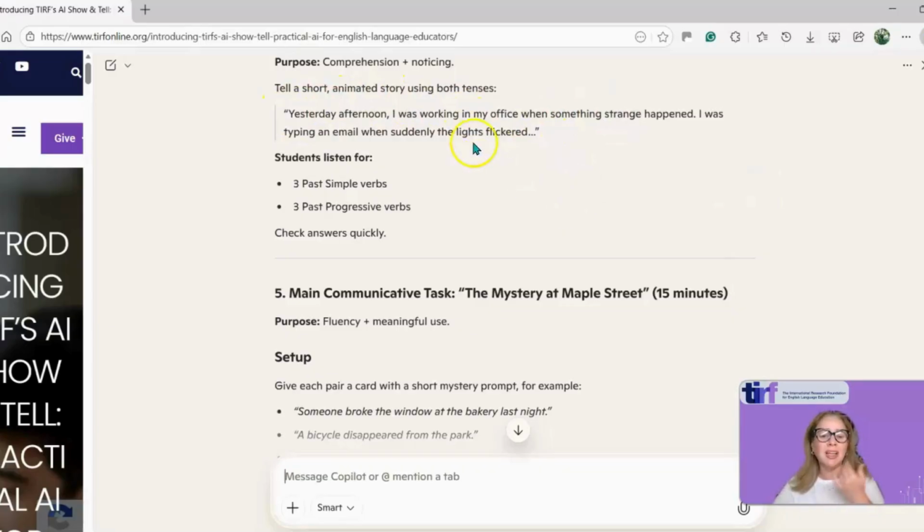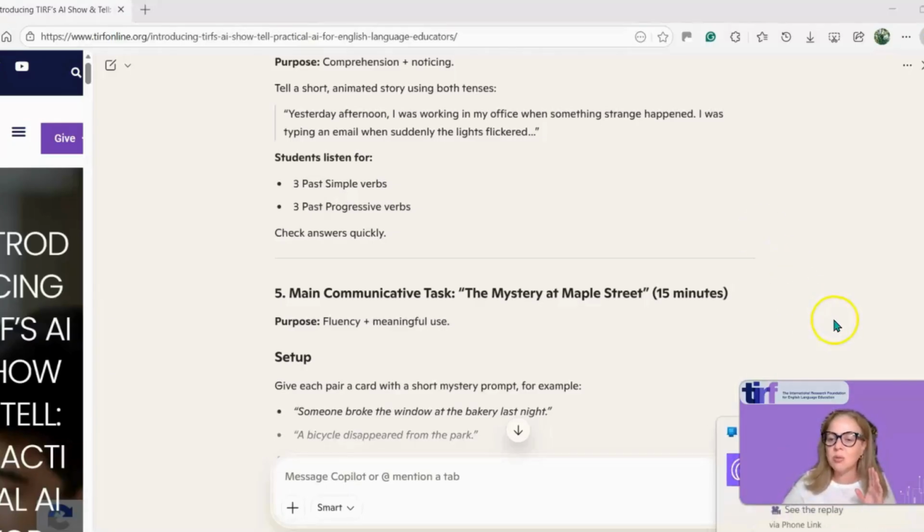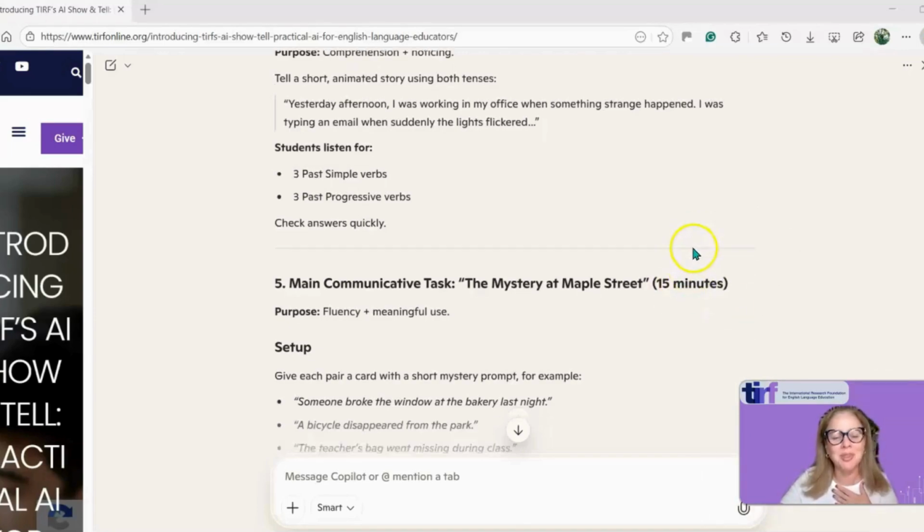You could simply, like, the lights flickered, this would probably be difficult for my students. I would have to tweak this a bit, change one or another word so that it is appropriate for their level. Again, appropriateness is extremely important. So is it appropriate to the level? Is it appropriate to the reality of what you're teaching? Always make sure that you have this extremely clear in your plan and for yourself.